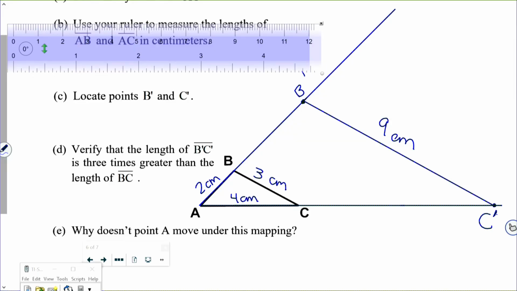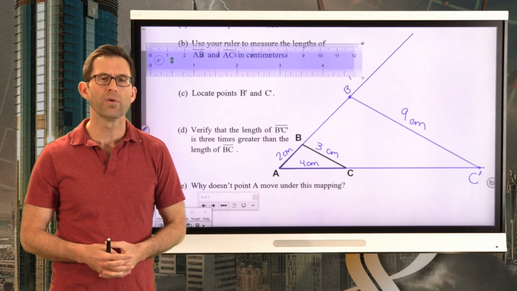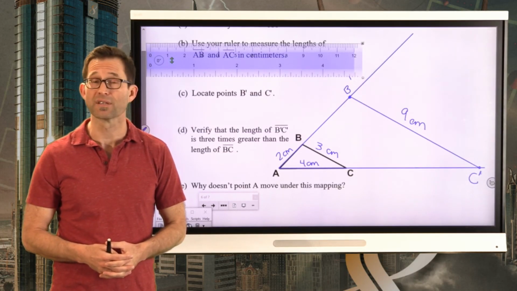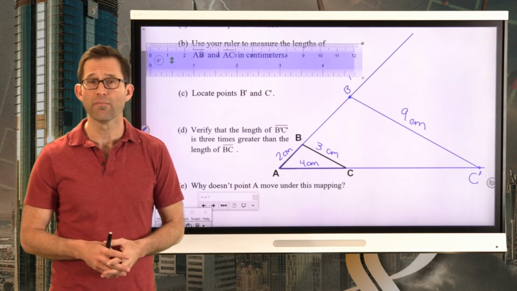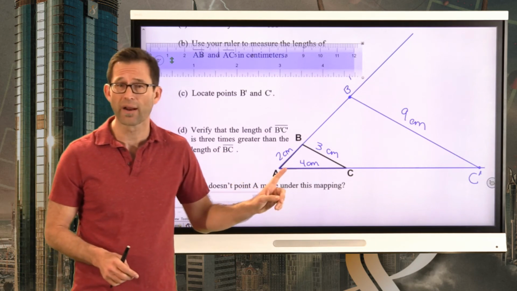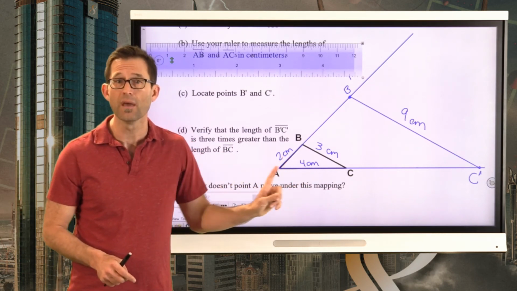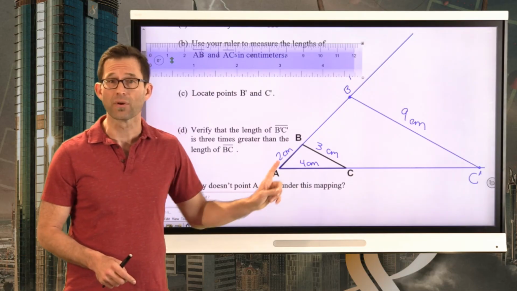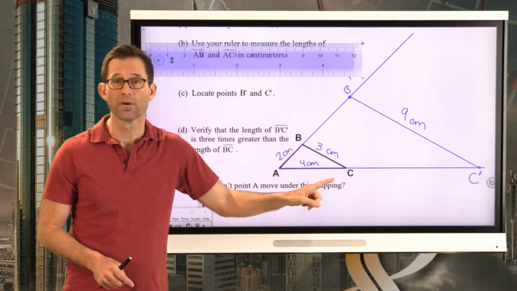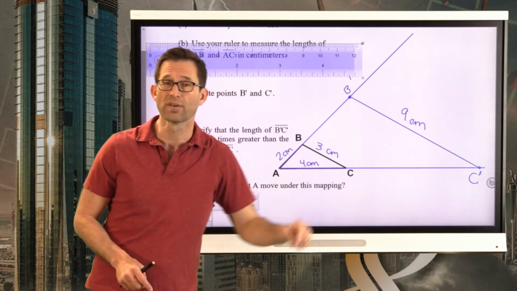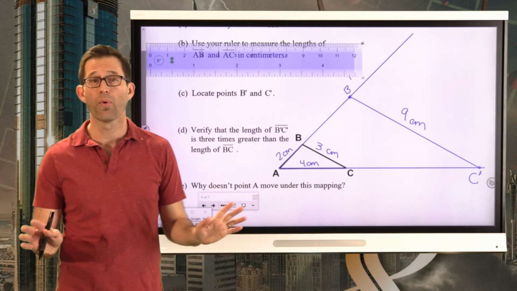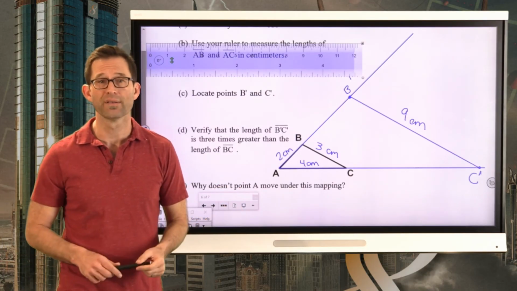All right, now last little piece, letter E. Why doesn't point A move under this mapping? We've talked about this before in the last lesson. Why doesn't point A move? If I dilate this entire triangle, A, B, C, using A as a center, point B gets stretched out to here, point C gets stretched out to here, but my contention is point A doesn't move at all. Why is that?